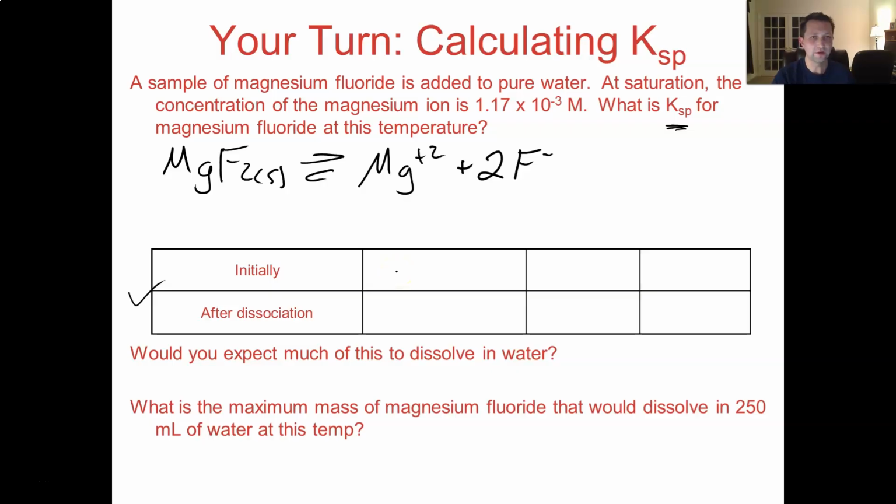So we have 2 fluoride ions over here, and then 2 dissociated fluoride ions over here. So what does the Ksp expression look like? Concentration of Mg plus 2, concentration of F minus squared. Okay. Again, MgF2, for the millionth time, is not in the expression. It's a solid. Okay, don't make that mistake.